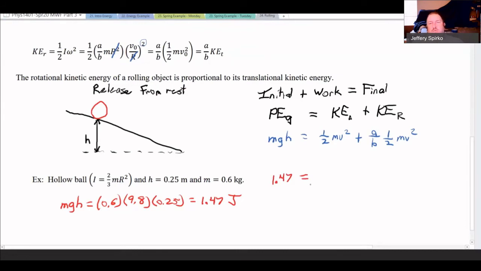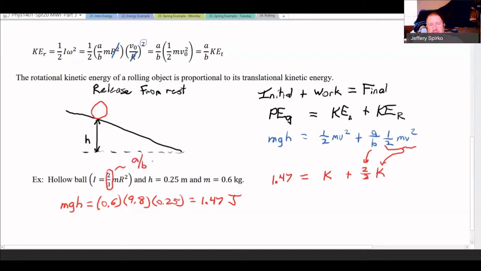Now, what I want to do is break this solving into two parts. I'm going to call this K for kinetic energy of translation. And we're going to have this fraction, A over B, which is 2/3 K. That thing right there, that's K. And that 2/3 is our A over B value.